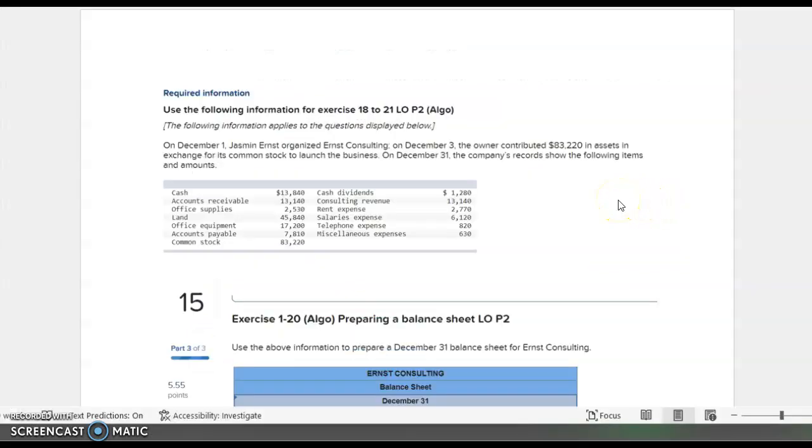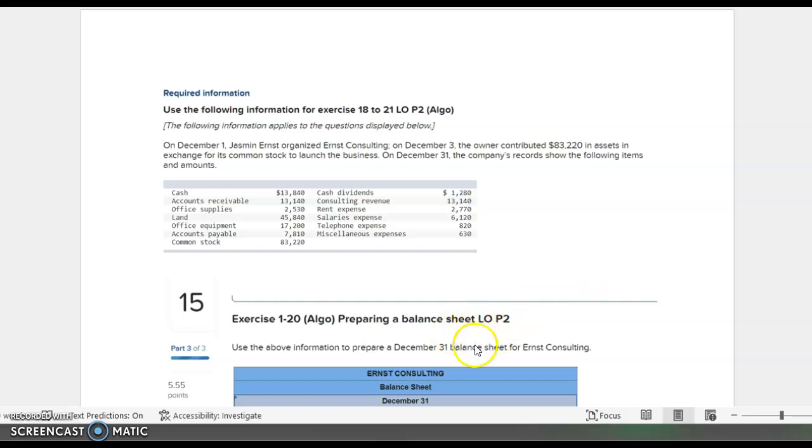Question 15 continues this scenario. Using the above information, prepare the December 31st balance sheet for Ernest Consulting. A balance sheet describes a company's financial position, types and amounts of assets, liabilities, and equity at a point in time.